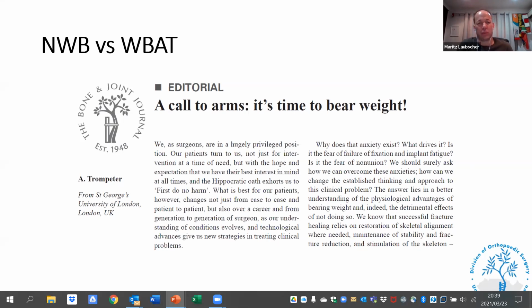So he's a big proponent for all fractures to be weight bear as tolerated post-operatively, showing no increased risk of displacement post-fixation, and some benefits to the patient post-tibial plateau fracture. So there's certainly no harm in careful weight-bearing post-tibial plateau fracture fixation.